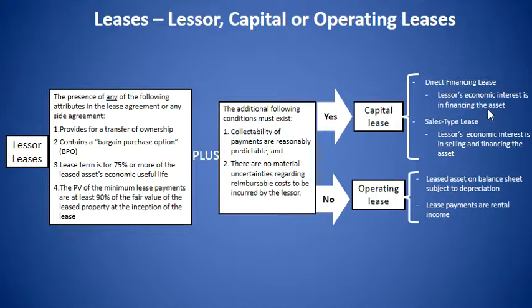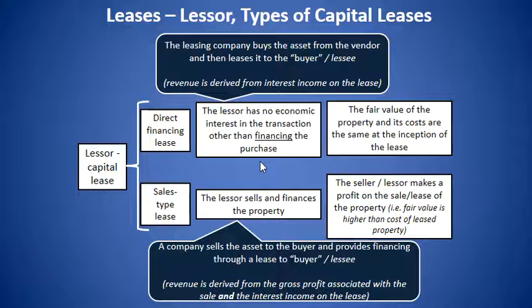And the other one is called the sales type lease, and this is a lease where the lessor's economic interest is actually twofold. The lessor is looking to make a profit in selling the asset, and then number two, financing the asset itself. So let's take a look at the next slide and delve a little bit more into direct financing and sales type leases.